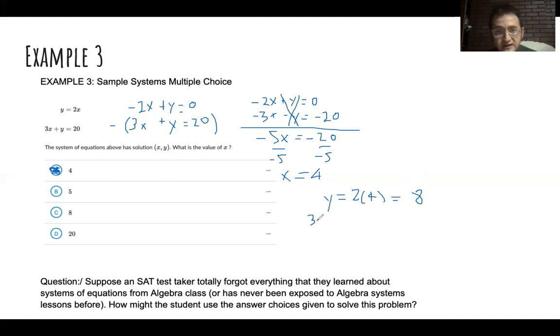And then I could have 3 times 4 plus 8, and I could see if that equals 20, which in fact it does. So you could save a little time just plugging in your answer choices real quick to see if they work. So that is our last example on the notes.